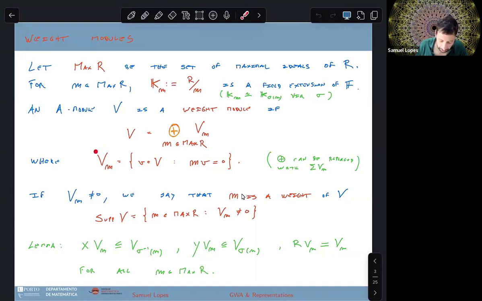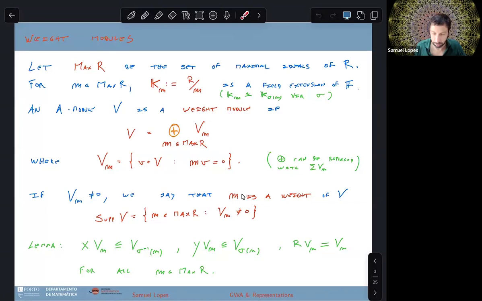This I'm going to call a weight space, or an eigenspace for M. Most likely I'll call it a weight space. This is traditional nomenclature. And so the definition of a weight module is simply a module which can be decomposed as a direct sum of its weight spaces.